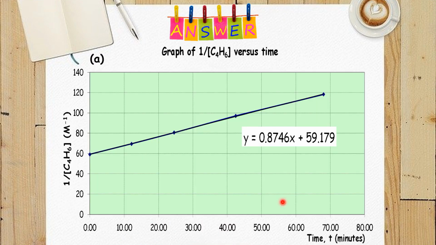When you plot, suppose you get something like this, right? So don't forget to label the y-axis 1 over concentration of C4H6 and also the unit per molar. Okay, and then the x-axis is time and also the unit minutes. And then when you plot, you will get a straight line graph here, right? With the initial here is 60.